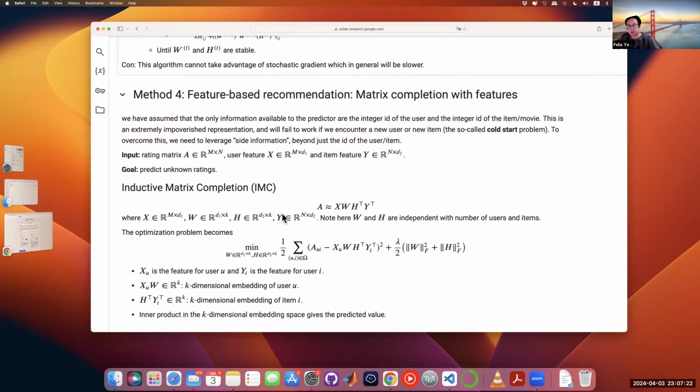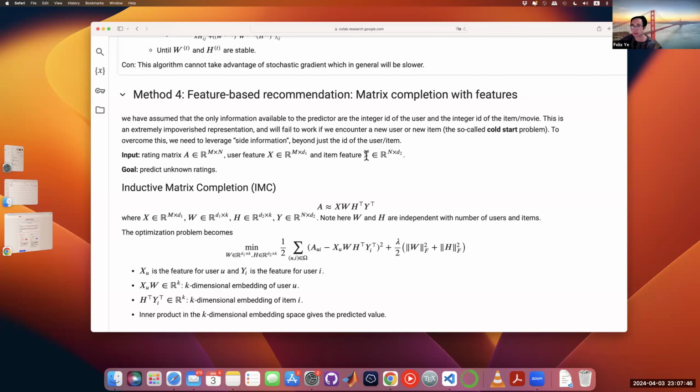This is very important, because if more data and more users come in, at least these two parts will not change. Everything else stays the same. You can think of X as the user features and Y as the item features.